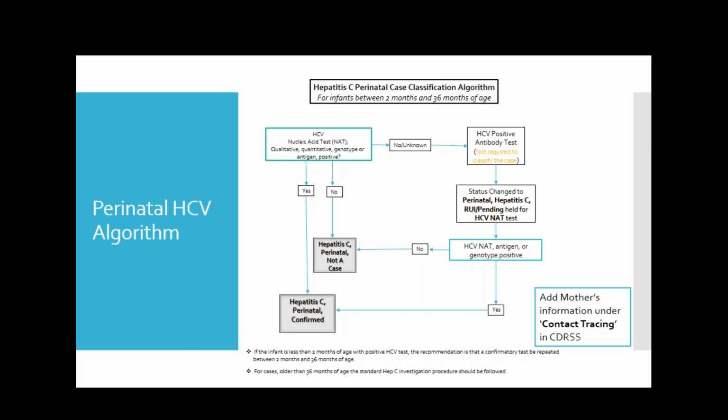Following the receipt of this test, if it's positive, it's going to be closed as Hep C perinatal confirmed, and if negative, it will be closed as perinatal not a case. Please note that we ask that all the mother's information should be added on the contact tracing in CDRSS.